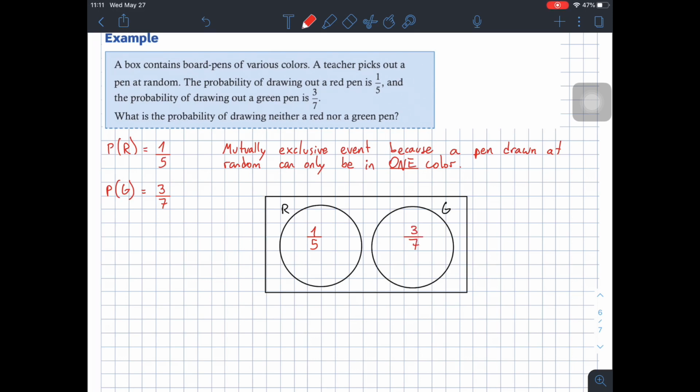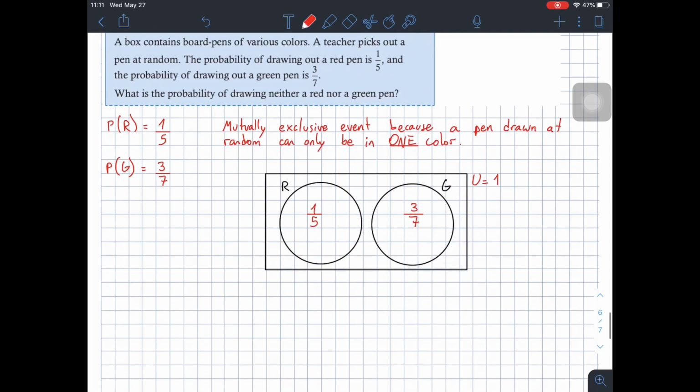So if I'm writing probabilities inside of my circles, then my universe should also be given as a probability, and the universe would be 100%, which is 1, right? When we talk about probabilities. So how much do I need to have outside of the two circles for the universe to be 100%?